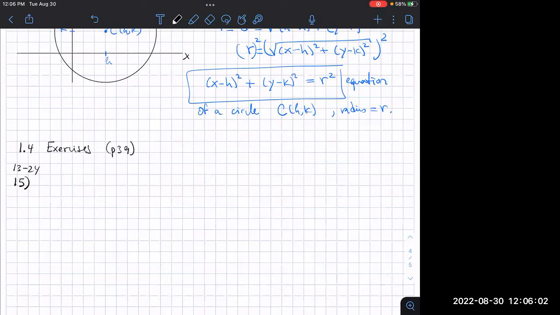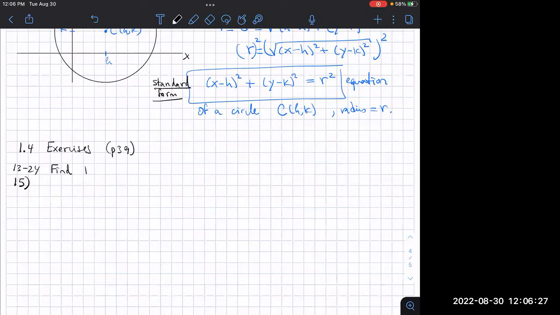Okay, number 15. 13 to 24, write the standard form of the equation and the general form. So this is called the standard form. And the general form is when you open up the parentheses.